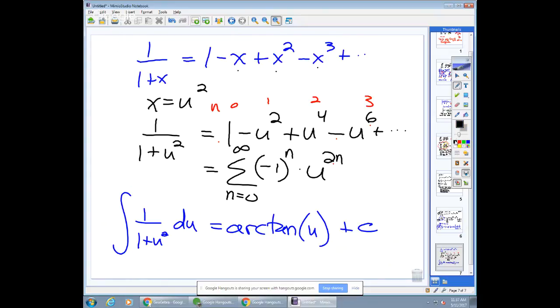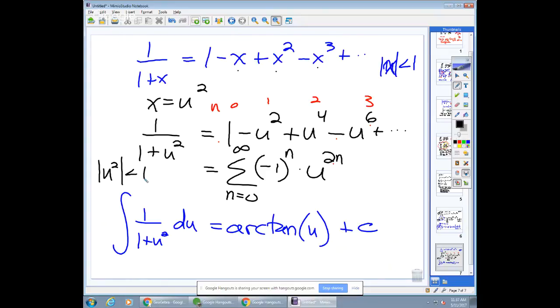Well, let's see. This guy in blue had an interval of absolute value of x less than 1. We just replaced x with a u squared. So that gives me an interval of absolute value of u squared less than 1.